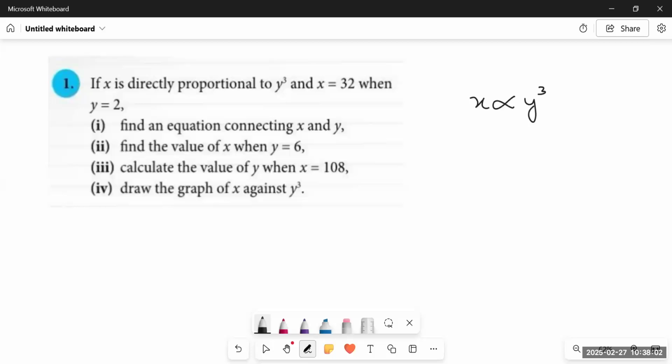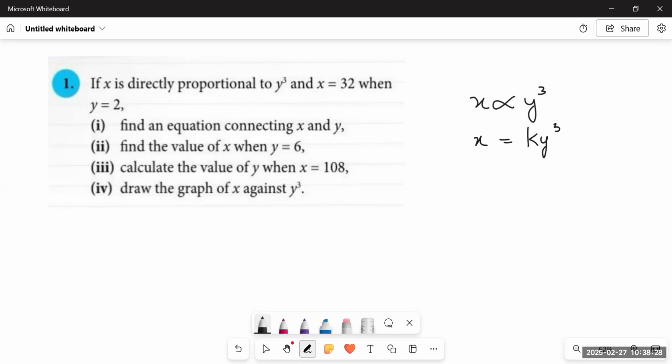Then we replace this sign with equals k, a constant, times y cube. We have learned why we place the constant k whenever there is a direct proportion. So the equation would be x equals ky cube. For the first part, the answer is x equals ky cube.